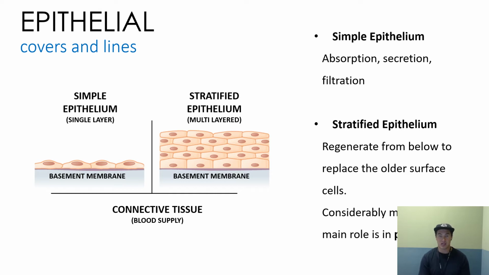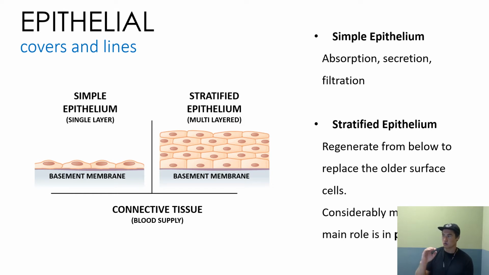One layer means that this type of tissue is really good for absorption, so absorbing substances, secretion, so pushing substances out of those single layers, or filtration, so it can act almost like a sieve to filter, stopping things that shouldn't get through and allowing things that should. Then stratified epithelium is multi-layered. So stratified just means you've got multiple layers of strata, 2 or more layers.